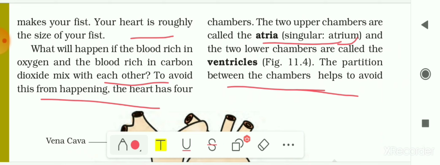And the 2 lower chambers are known as the ventricles, the left ventricle and right ventricle. There is a partition, a wall-like structure, between these chambers to avoid the mixing of the blood which is rich in oxygen and the blood which is rich in carbon dioxide.